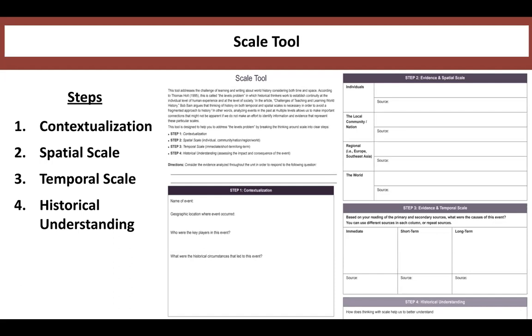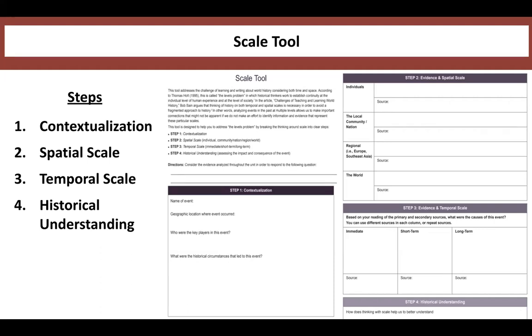The reason that we would ask students to use this tool is so that they can get not only a direct understanding of an event, but also see the multiple levels and layers of an event, and how a historical moment doesn't only affect potentially one group of people. It could have impact across regions, across spatial scale, and we'll talk about that in a bit, and also temporal scale.